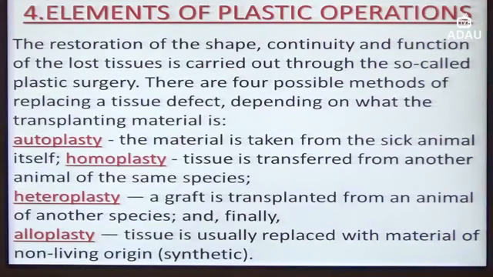Homoplasty, when tissue is transferred from another animal of the same species. Heteroplasty, a graft transplanted from an animal of another species, for example from dogs or cats. But homoplasty, for example, cat to cat, dog to dog. Alloplasty, when we use non-living origin material.